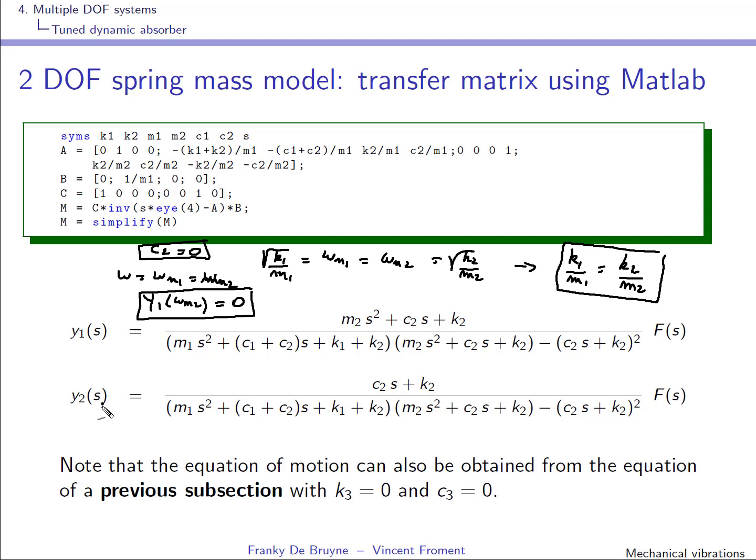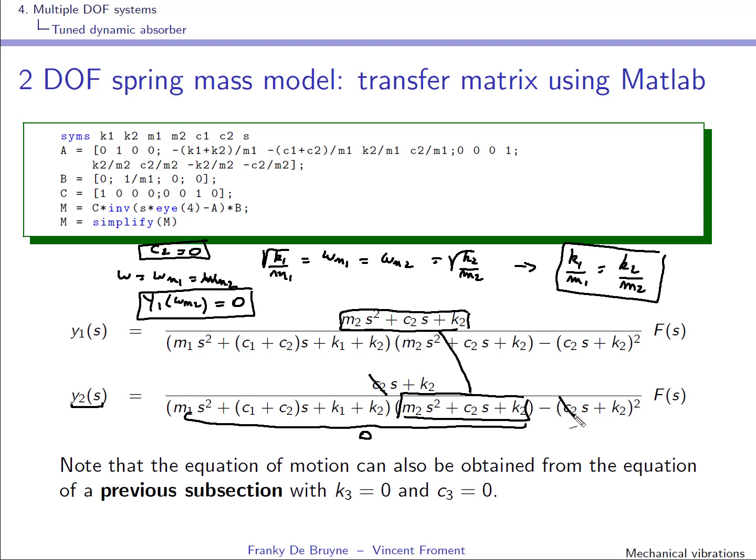So let's have a look at what happens here with y2. Well, this numerator here, you'll find it also in the denominator. So if you make the numerator 0, you'll make sure that this part of the denominator is also 0. We just said that C2 is equal to 0.